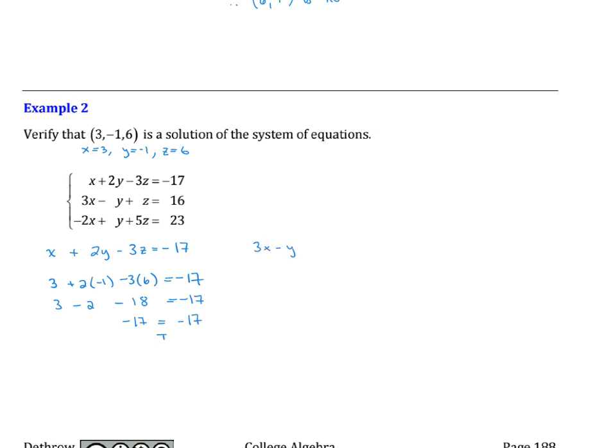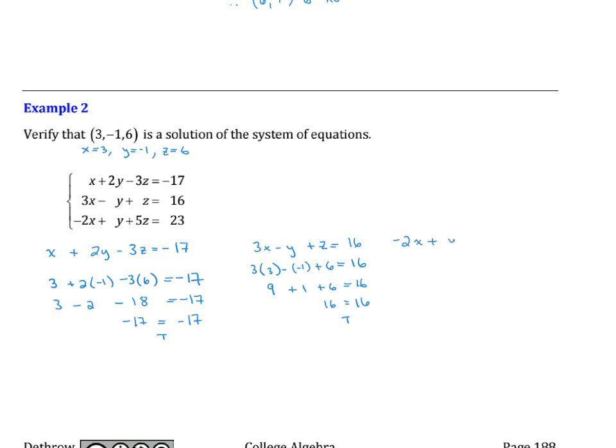3x minus y plus z equals 16. So 3 times 3 minus negative 1 plus 6 equals 16 would be 9 plus 1 plus 6 equals 16. That's 16 equals 16. That's true. Let's try our third equation.